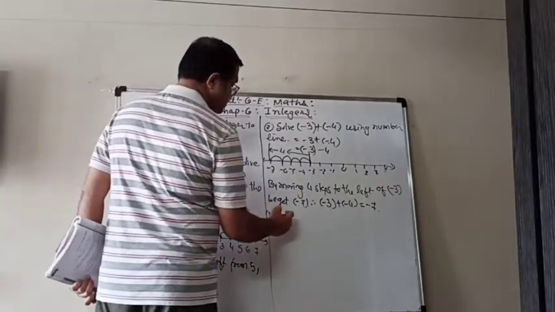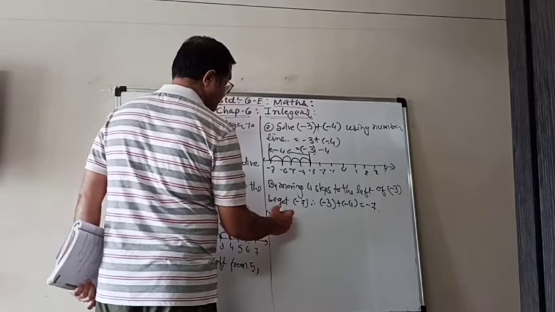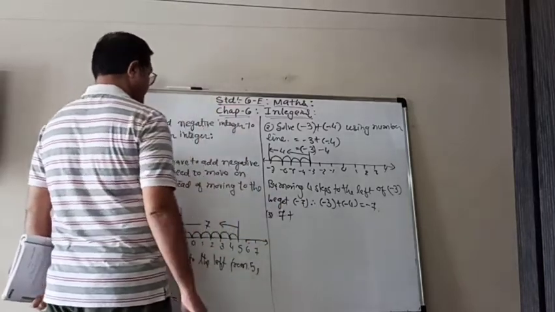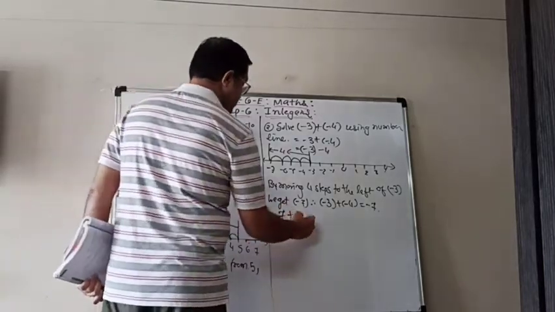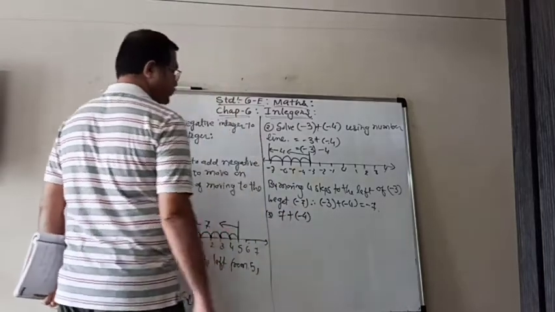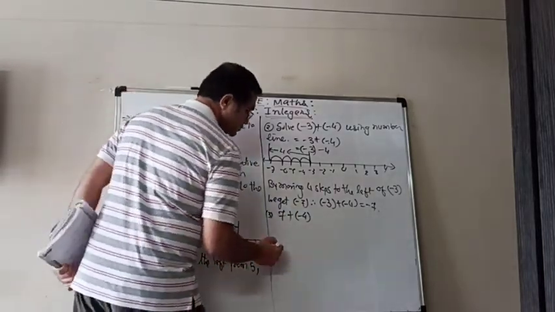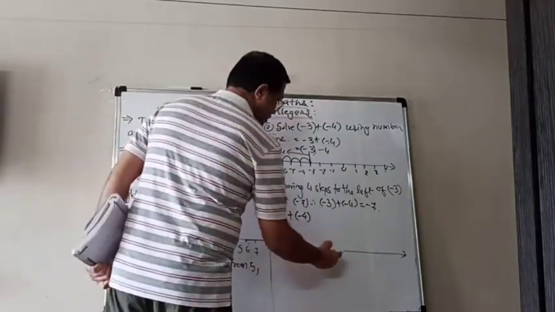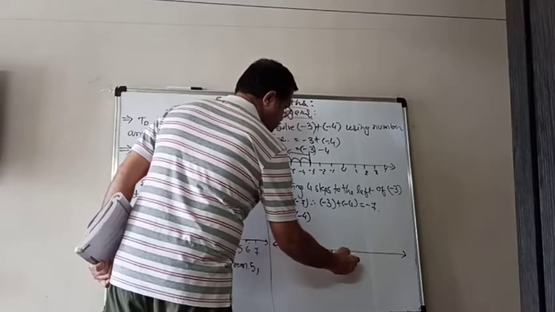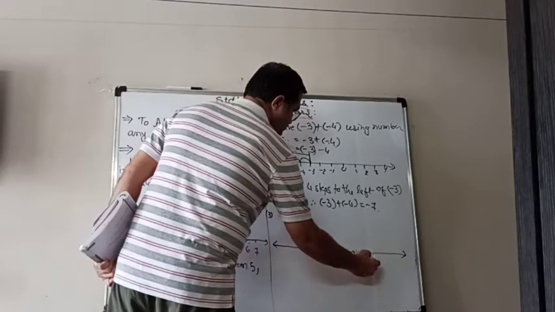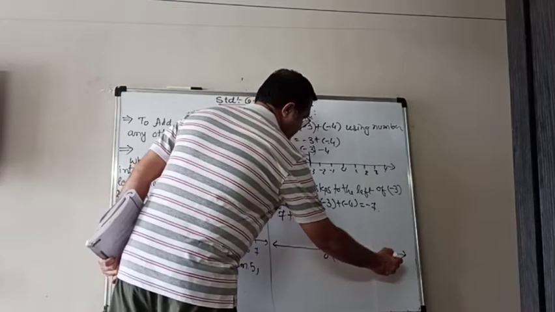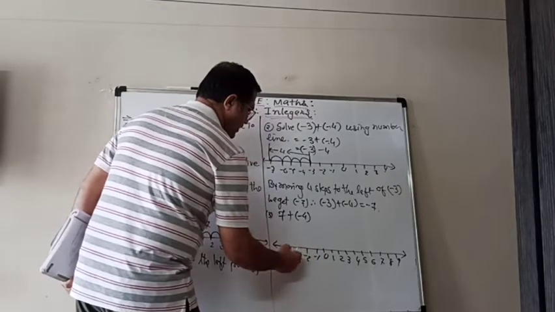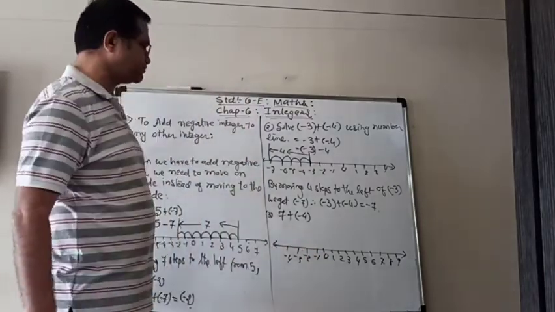Let's take 7 plus minus 4. So here 0, 1, 2, 3, 4, 5, 6, 7, 8, minus 1, minus 2, minus 3, minus 4 and so on.